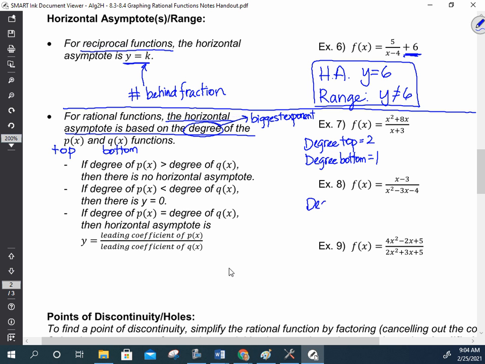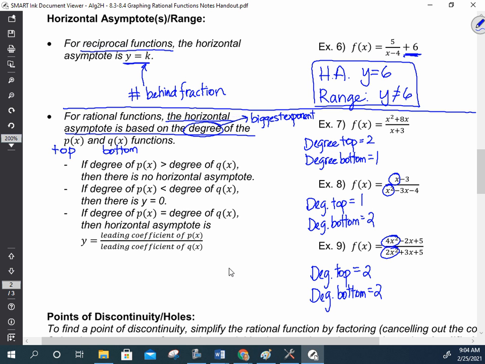For 8, the degree at the top is 1 and the degree at the bottom is 2. For example 9, the degree at the top is 2, and the degree at the bottom is also 2.